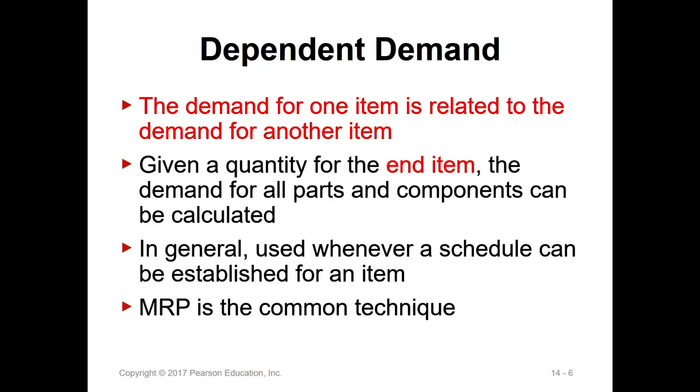In general, this is used whenever a schedule can be established for an item. The MRP is a common technique used not only in manufacturing facilities, but also in the service industry, like restaurants. They need to plan what raw materials they will need on Monday, Tuesday, or whatever weekdays or weekends.